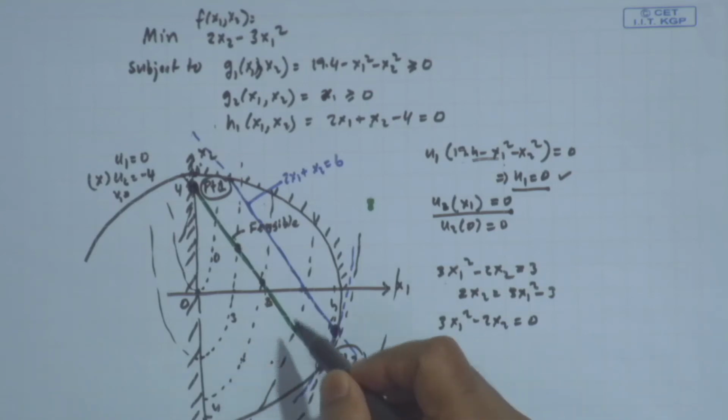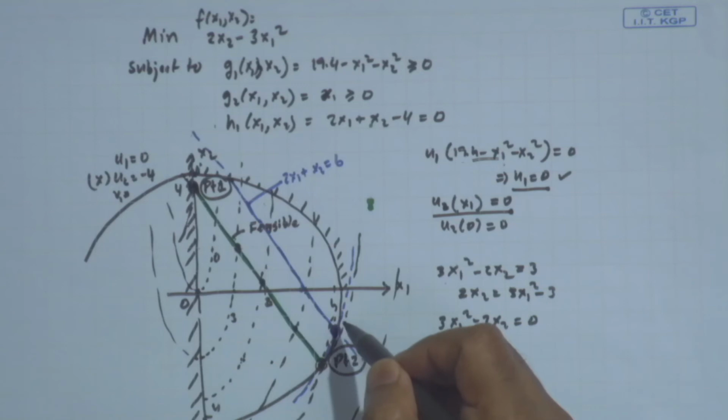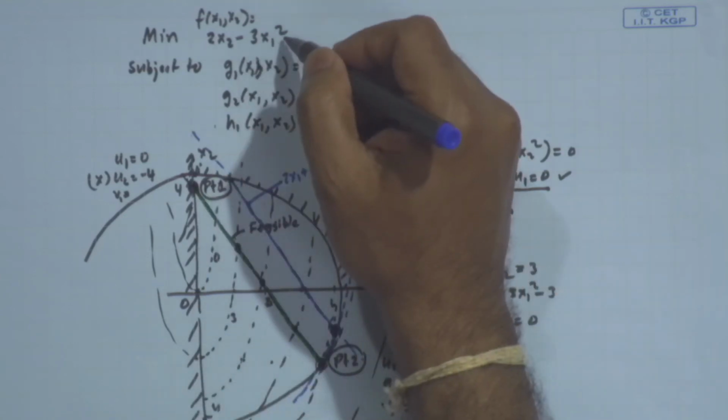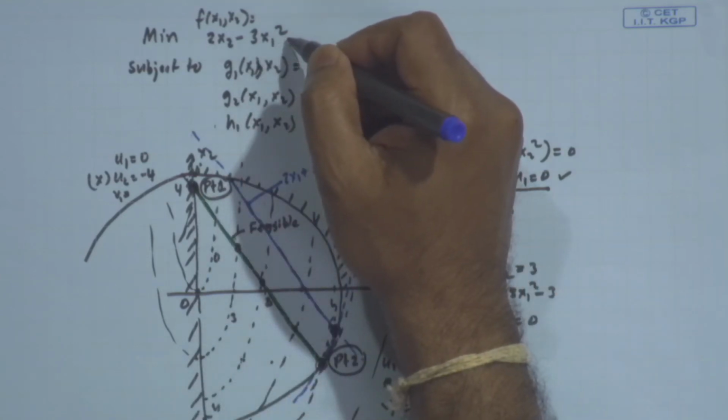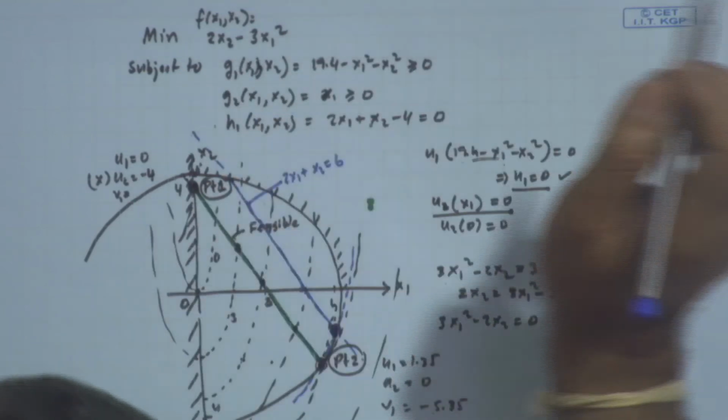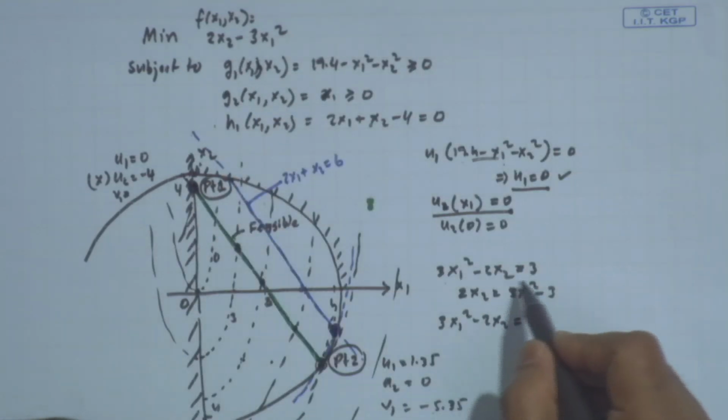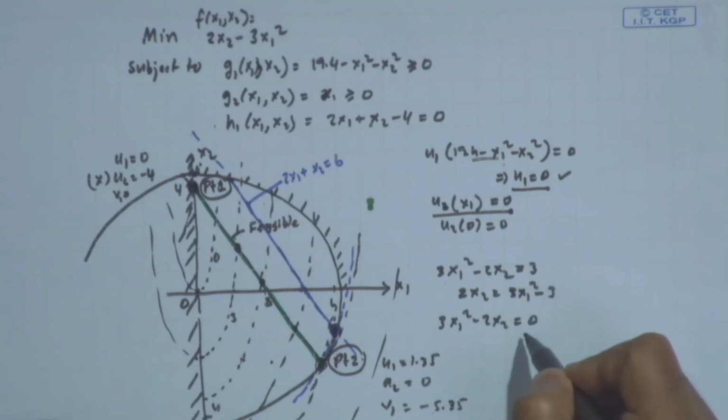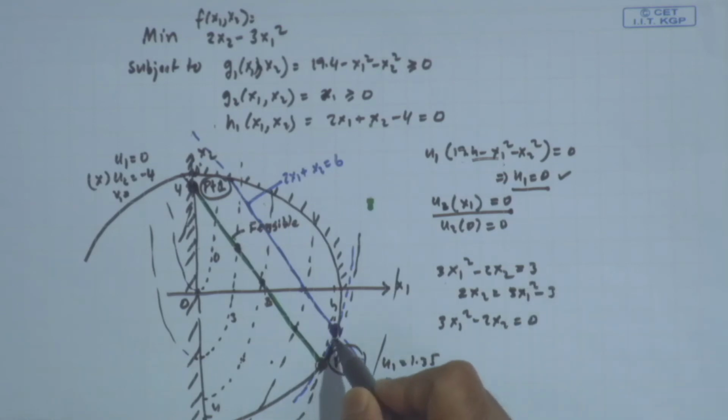I was minimizing, right? But I considered maximization there. So now you have a smaller value than what you had. Wait a second, did I actually use maximization here? That's how we get that, okay.